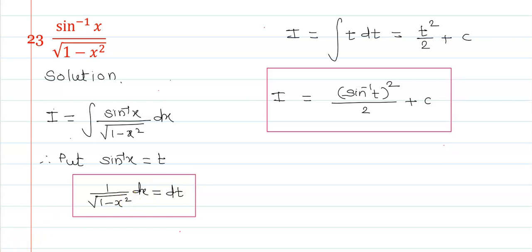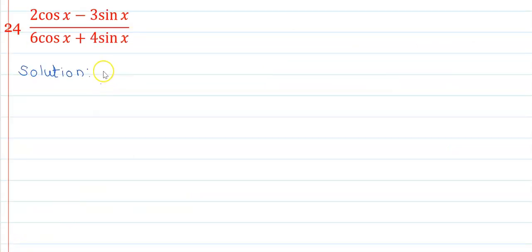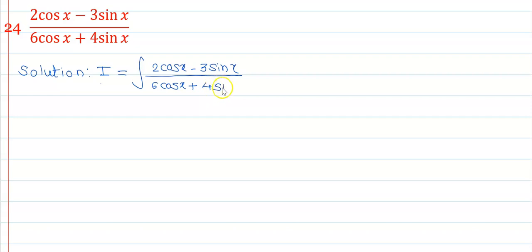Now the next question. I is equal to the integral of 2 cos x minus 3 sin x upon 6 cos x plus 4 sin x into dx.